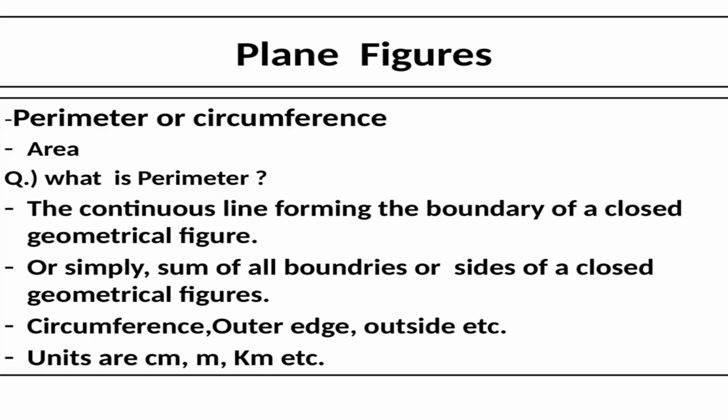When a figure has a circular shape, then instead of perimeter we say circumference. But for a triangle, quadrilateral or parallelogram, we call it perimeter. So the meaning is the same, but the usage of the words is different. And what is the unit of perimeter? The units of perimeter are centimeter, meter, kilometer, etc. I know that you also know this, but I am reminding you. Next please.